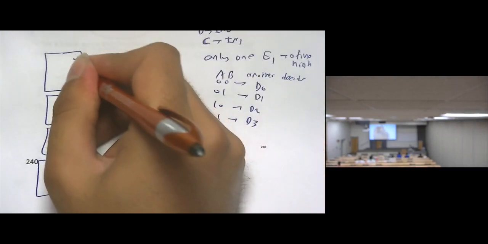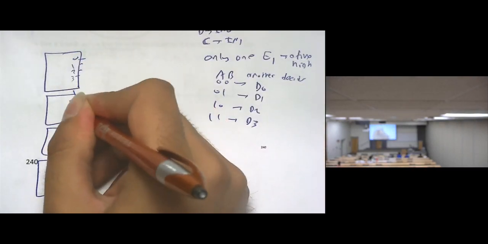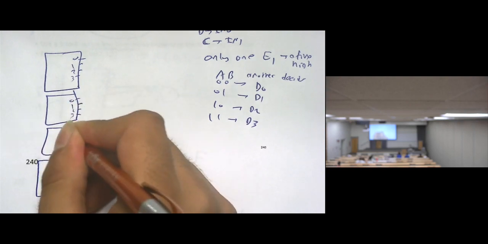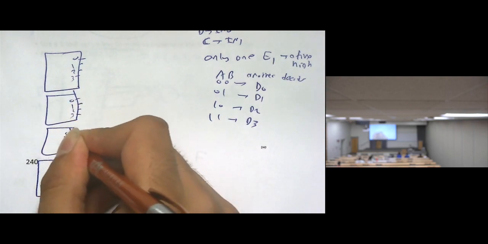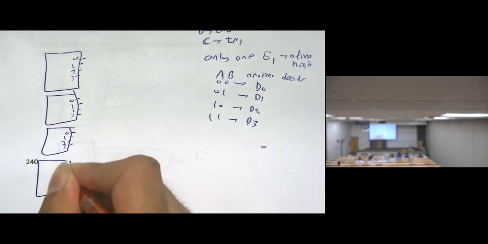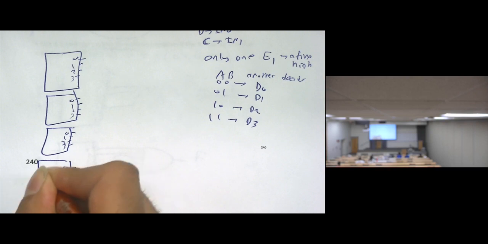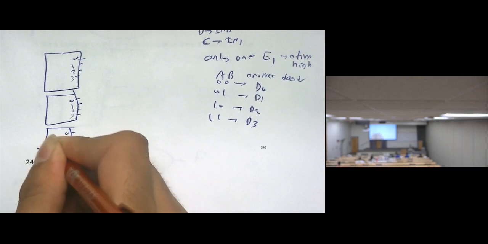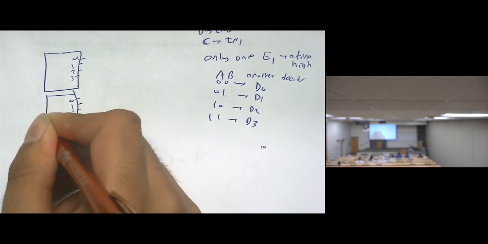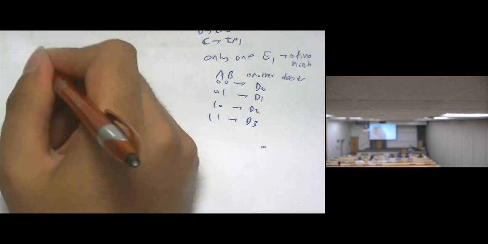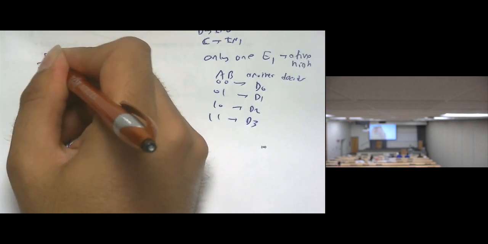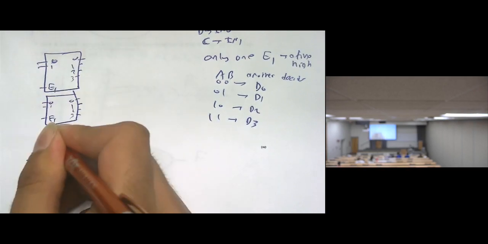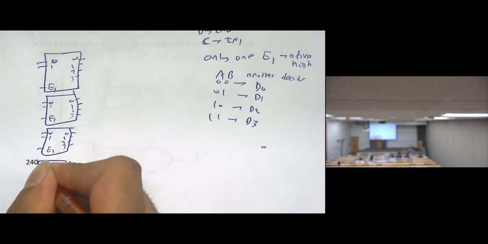So how? This is 1, 2, 3, 4. Here is 0, 1, 2, 3 on each chip. Here I have only one enable, E1, and it's active high. And I have two inputs, 0, 1 on each chip.